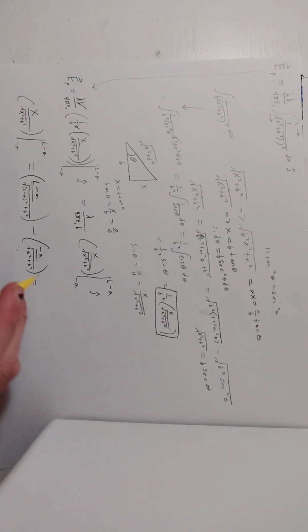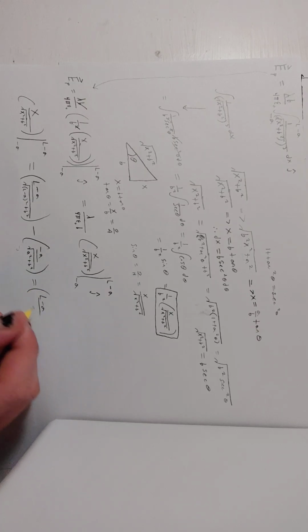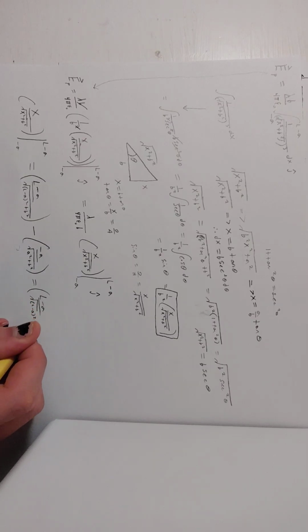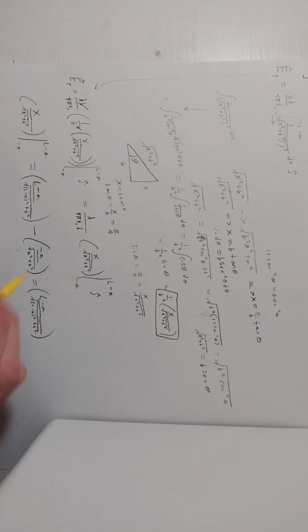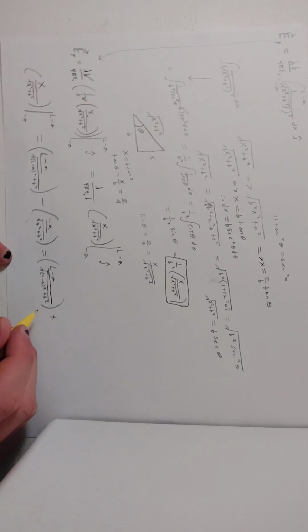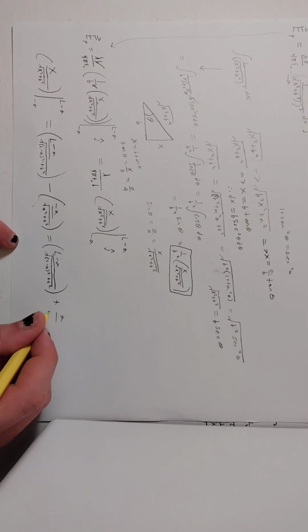Simplifying, this becomes equal to L minus a over square root of L minus a squared plus b squared, plus a over square root a squared plus b squared.